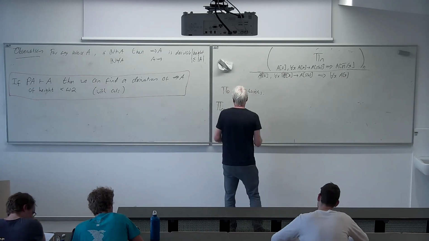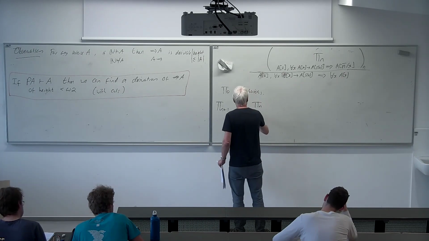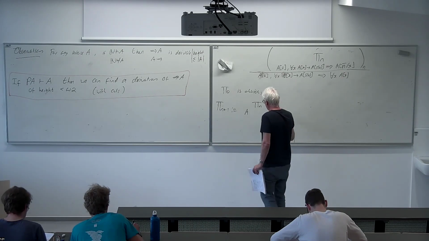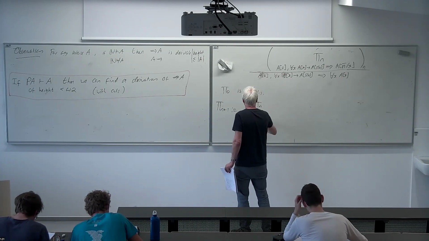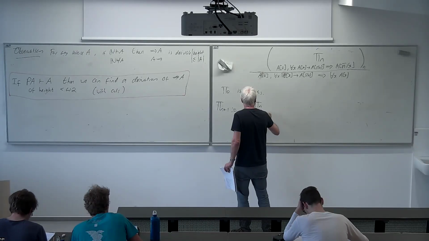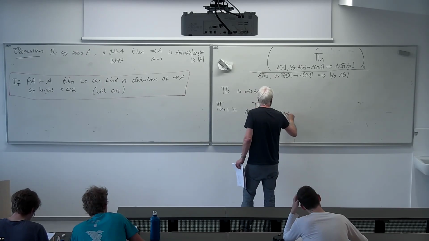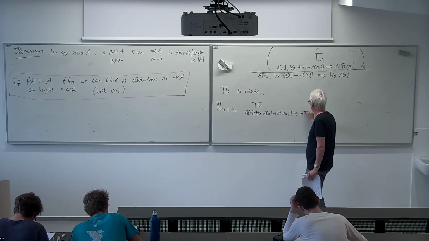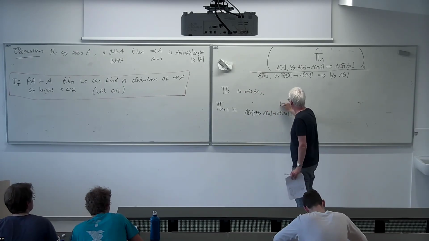This is defining pi n plus 1. So pi n gives us a derivation of the sequent with A n in the conclusion. So that's pi n.